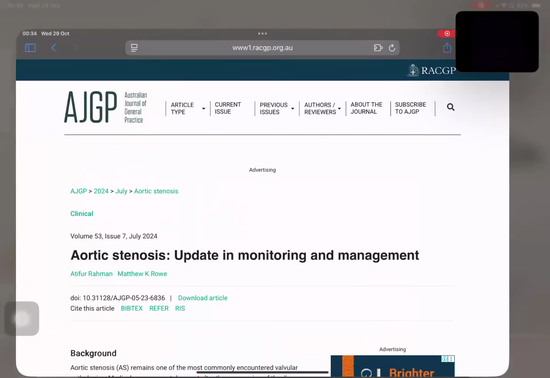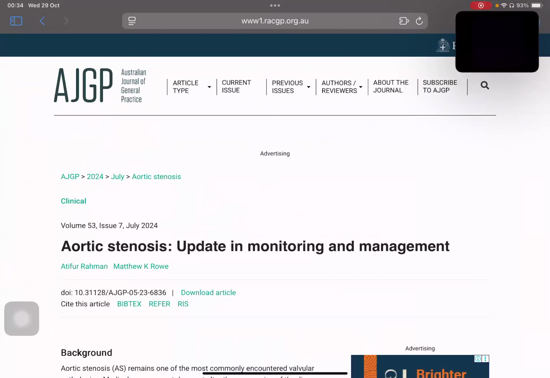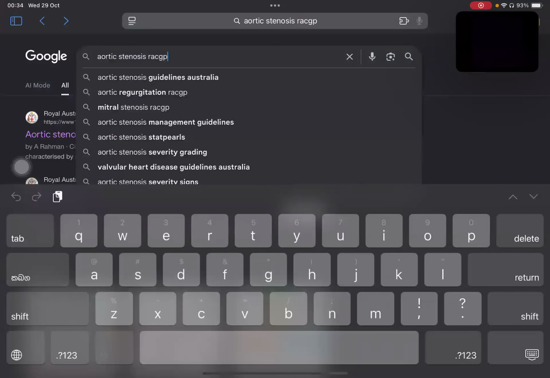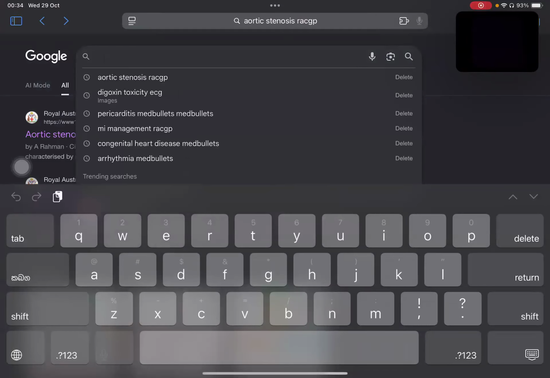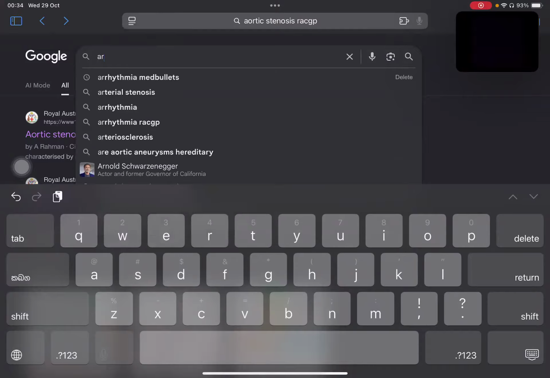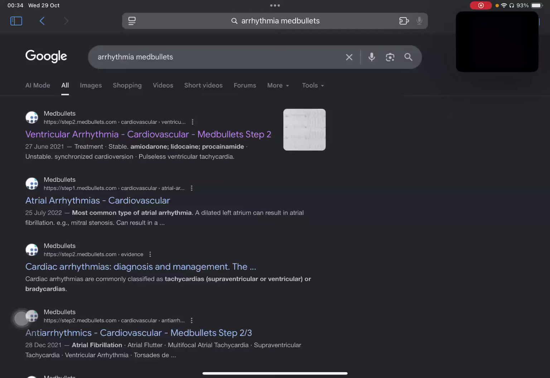I think I do have the arrhythmia one, med bullets. Yeah.